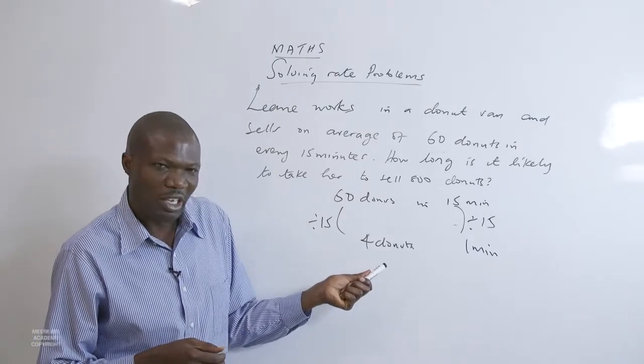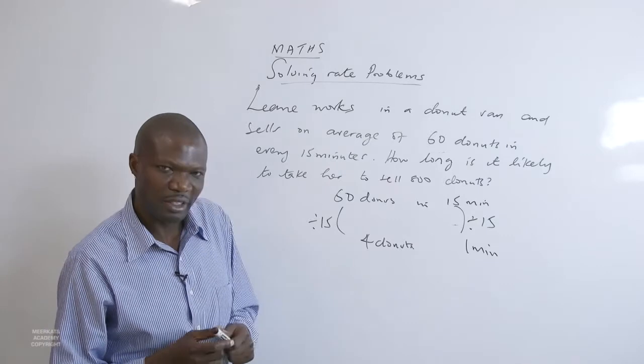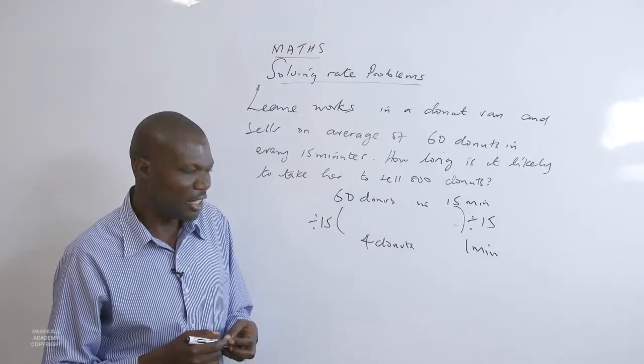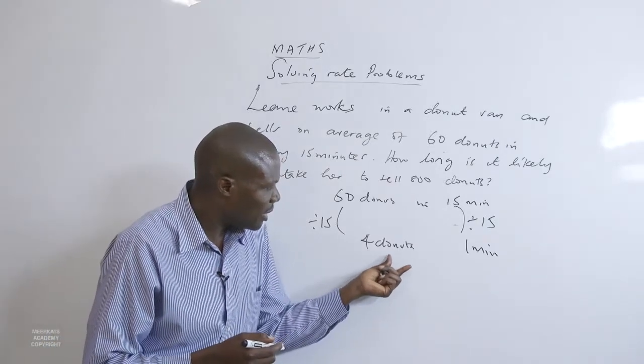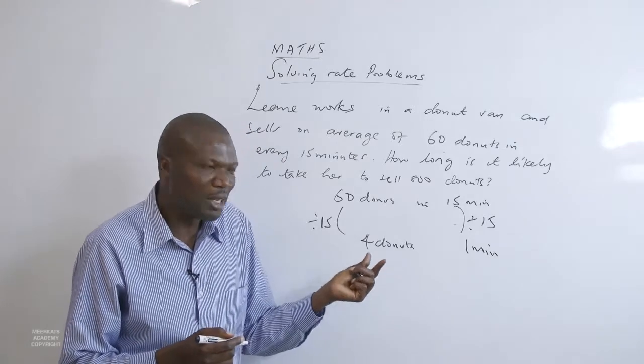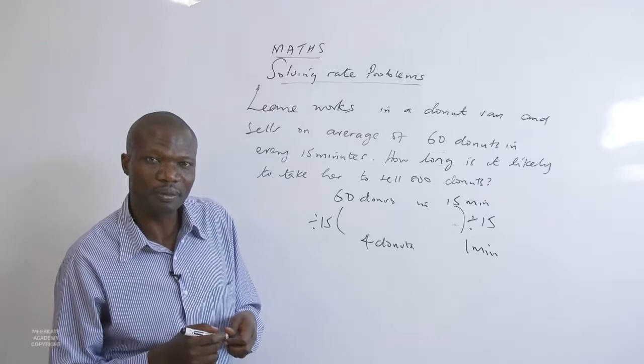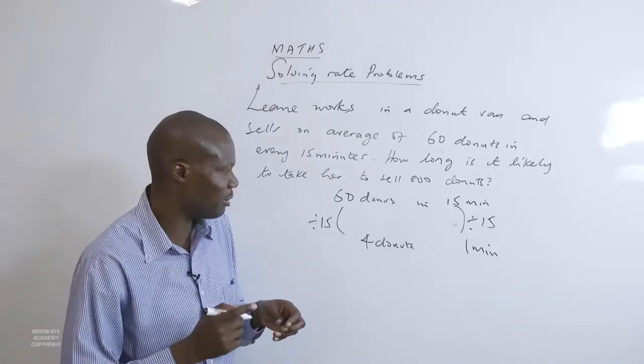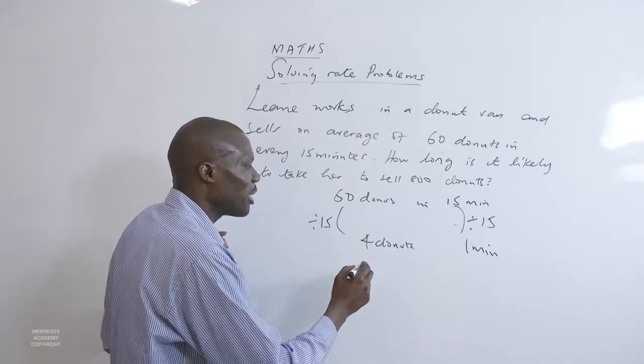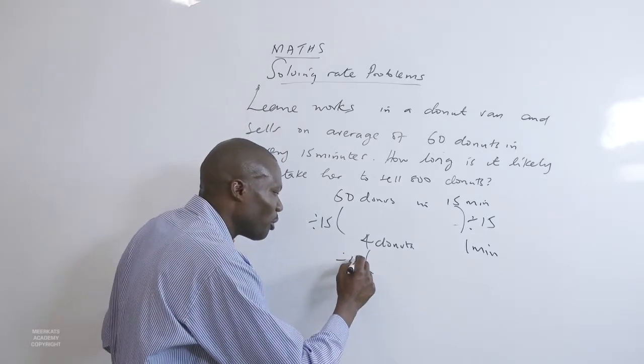So, if I take this and decide to ask what is the average time in minutes that 1 donut takes to be sold out, look here very carefully. 1 donut, I'll divide by 4.